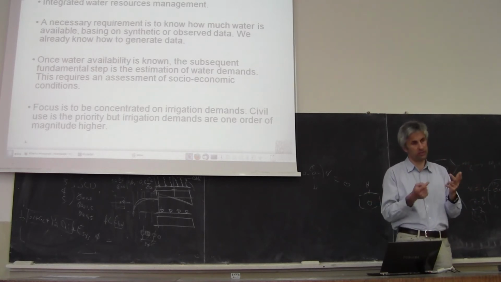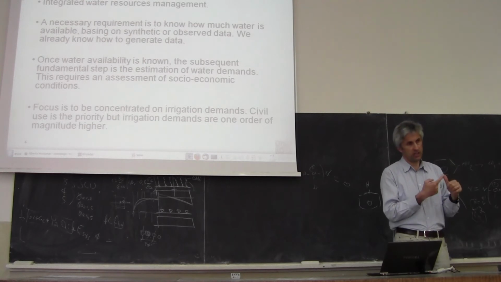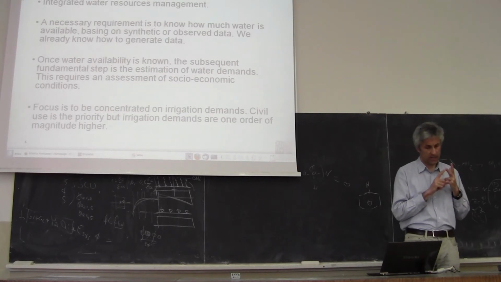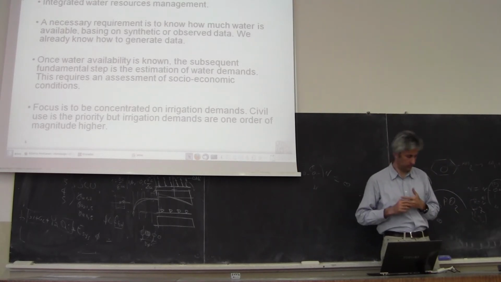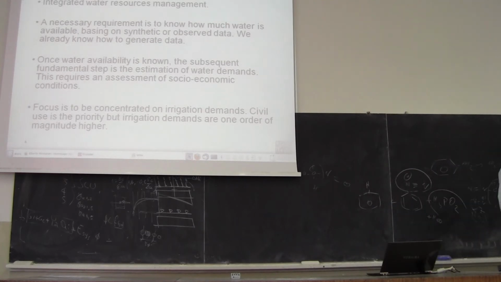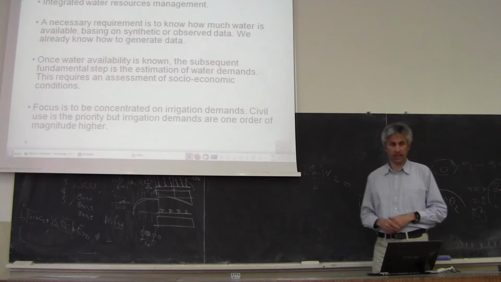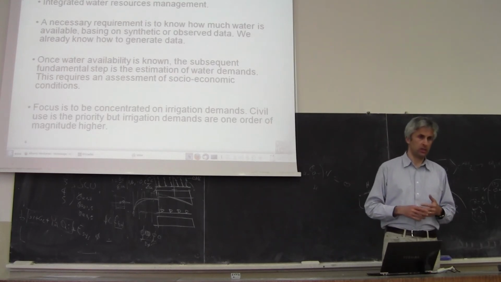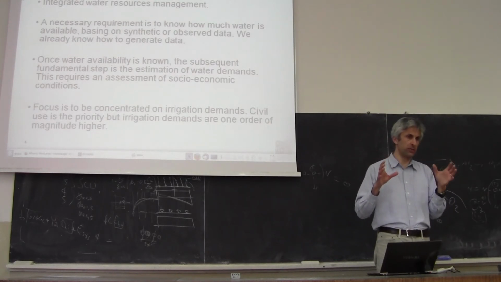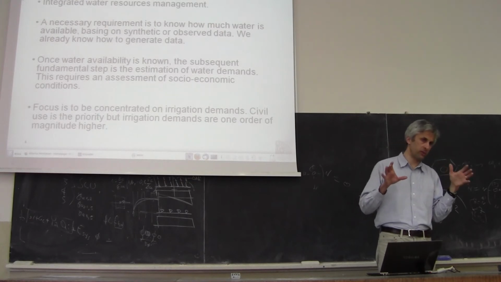We distinguish between these three main uses: agriculture, industry, and civil use. It's relatively easy to estimate the water demand for civil use because we have sufficient indications from the literature.